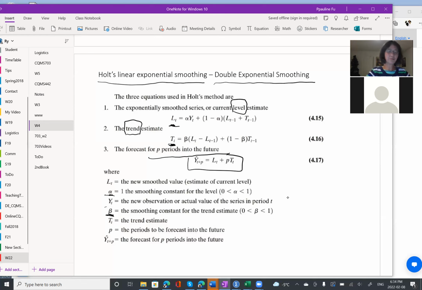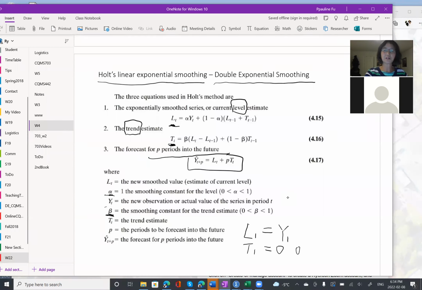In order to use this formula, you need to set initial values for L and T, which means you want to determine what is L1, to initialize L. Usually L1 is the first observation. Remember Y represents the observational value, the original data. Our textbook initializes T1 equal to 0.